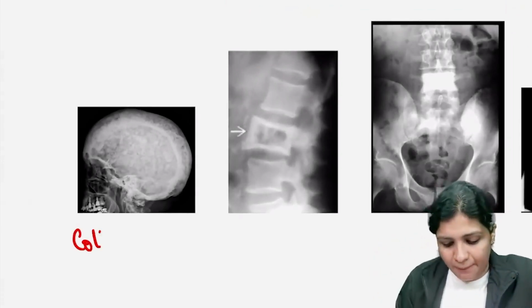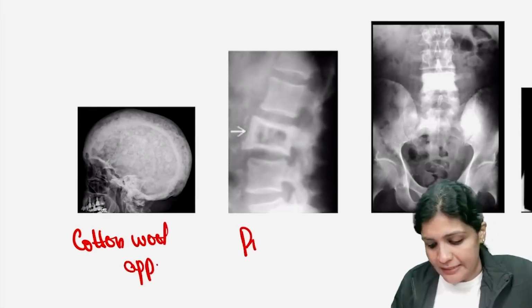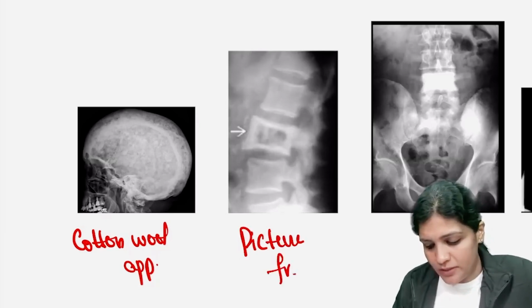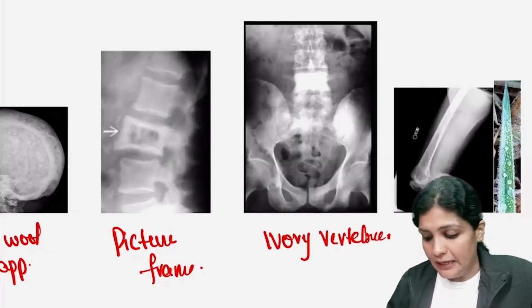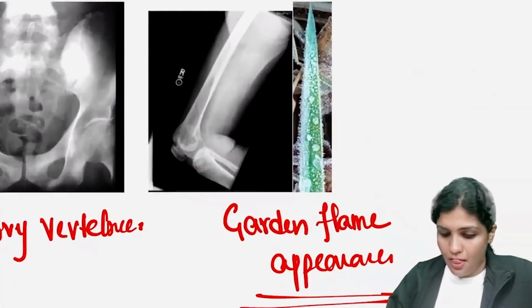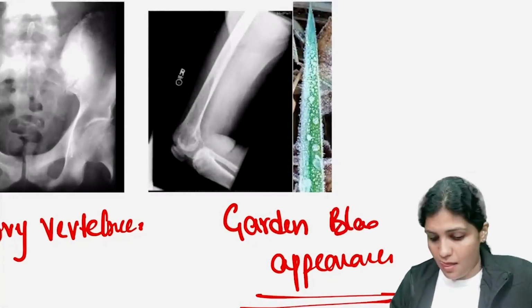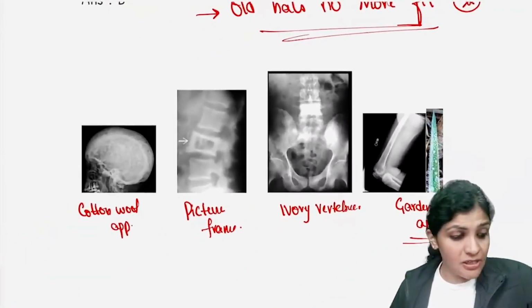So this is Paget's disease where you see the cotton wool appearance of the skull, and this is the picture frame vertebra, and this is the ivory vertebra, and this is the garden blade appearance. So these are all the various features of this.